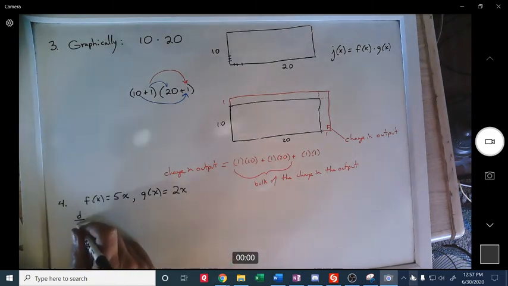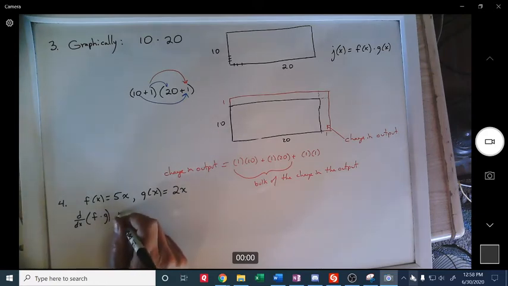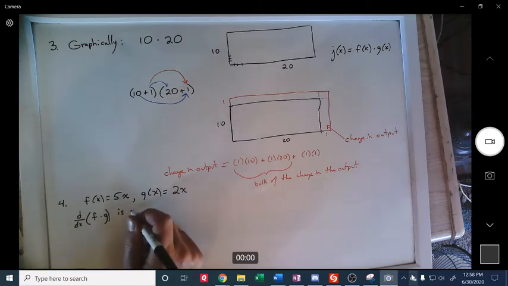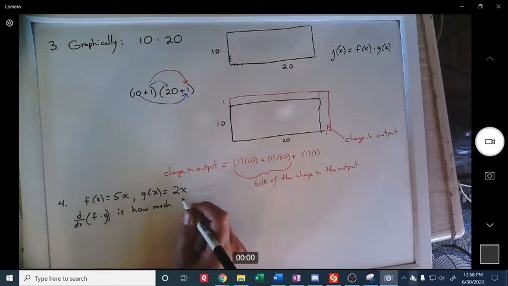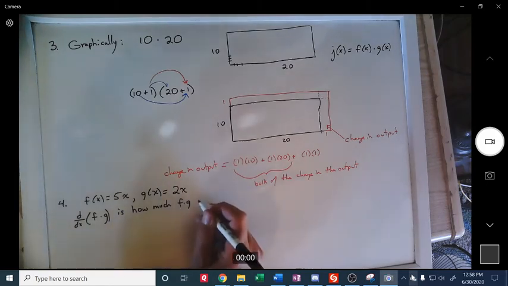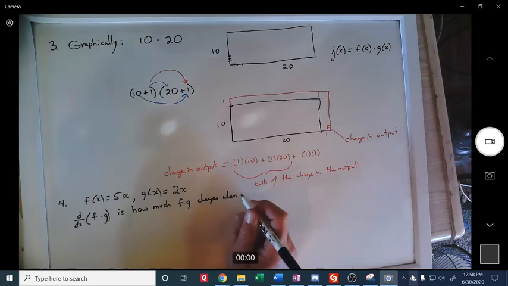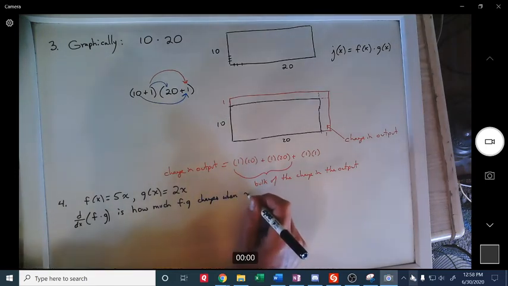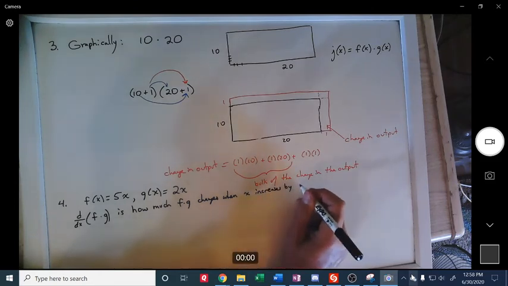The derivative dx of f times g is how much f times g changes when x increases by 1.